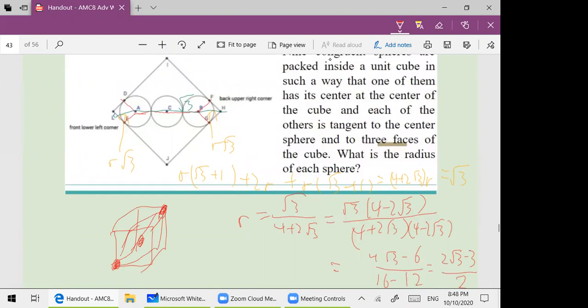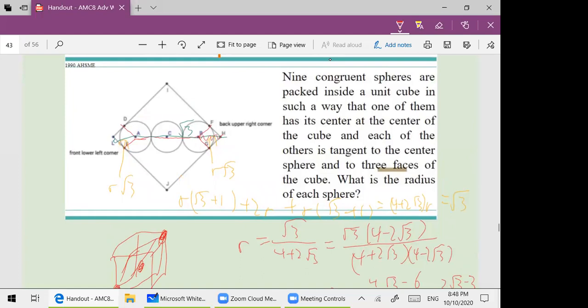Okay, and then this distance is r root 3, and this is r.